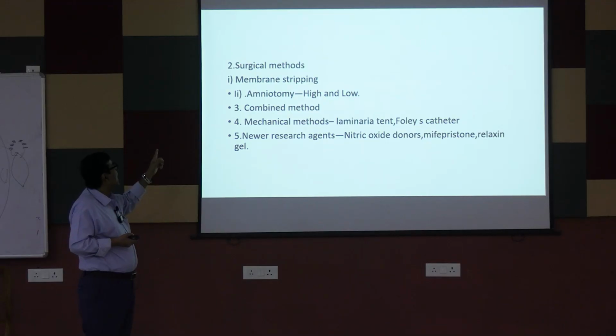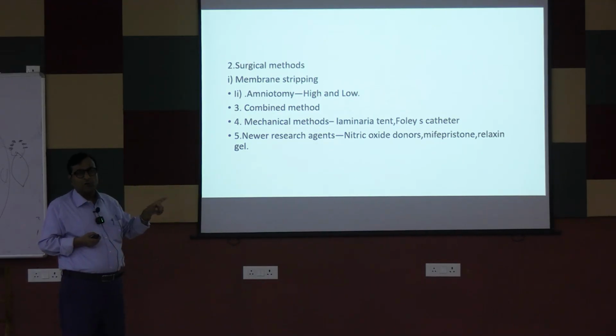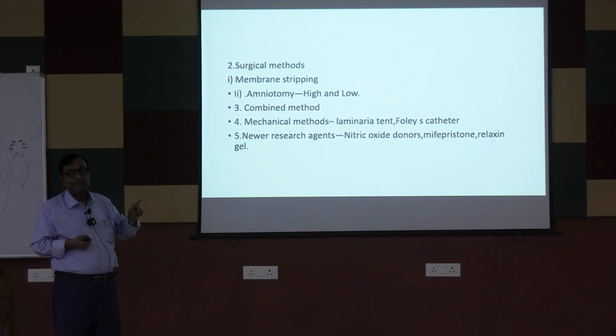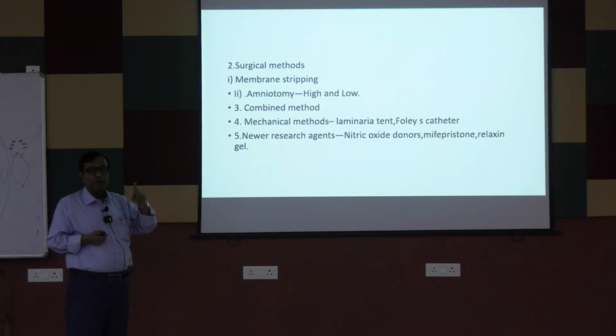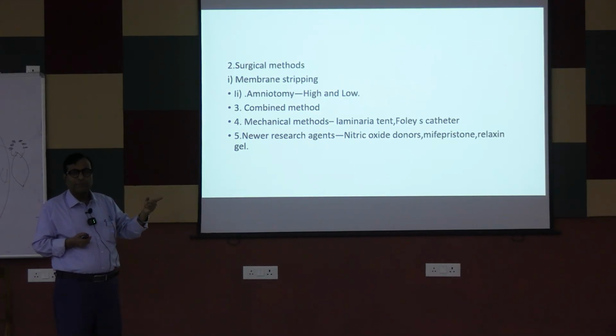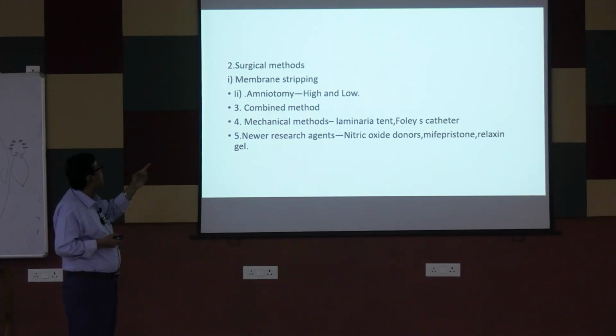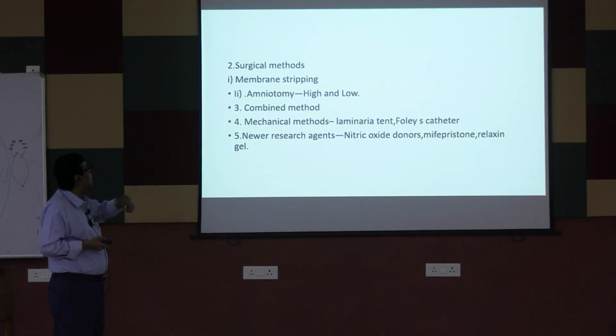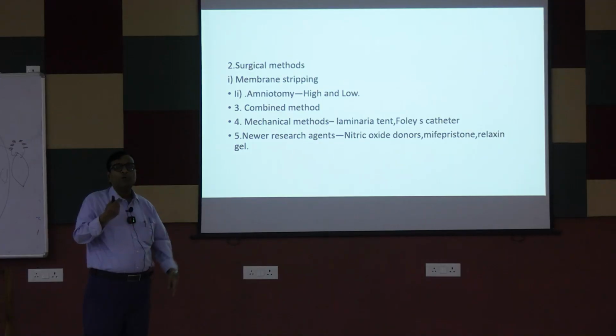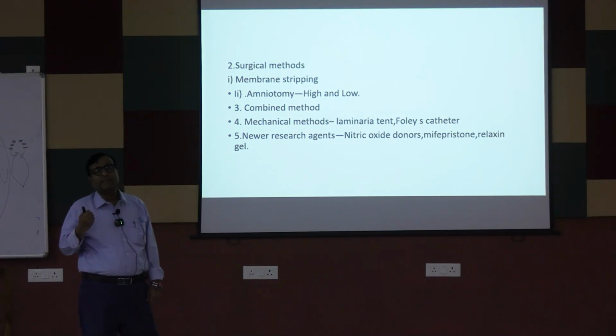So these are the 3 commonly practiced methods: medical methods with either oxytocin or prostaglandin, and surgical methods, amniotomy, and the combined method. There are also certain non-favorable methods not practiced nowadays, like laminaria tent.